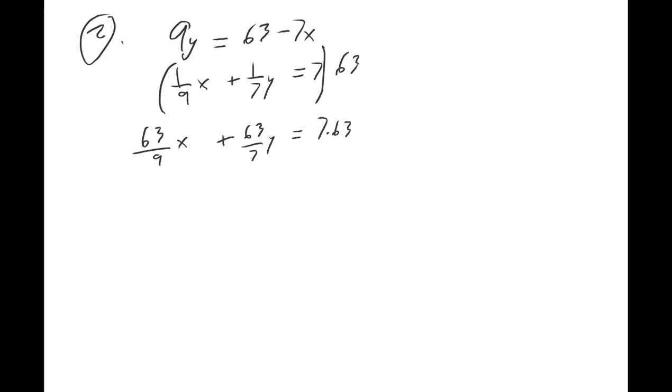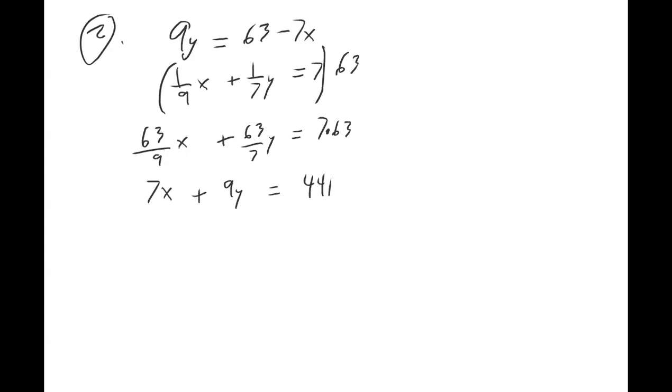And 63 over 9 breaks down into 7, so 7x, plus 63 over 7 breaks down into 9. Then we'll still have 7 times 63 on the right side. So let's see, that's 420 plus 21, 441.